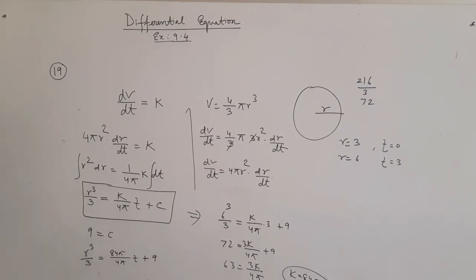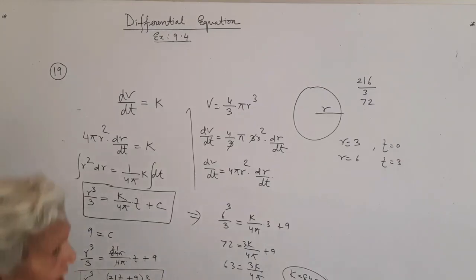Now they are asking to find the radius of the balloon after t seconds. So now we can simplify. 84 over 4 is 21, the pi cancels, so r cube is 21t plus 9, into 3 because the 3 is already here. So this relation is going to give us the value of r.